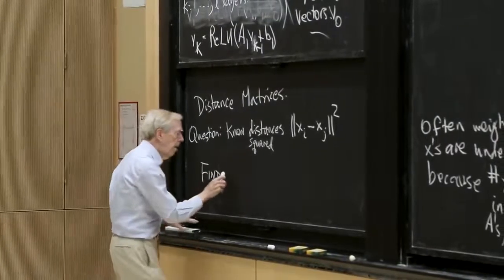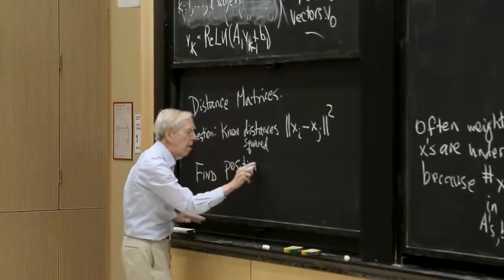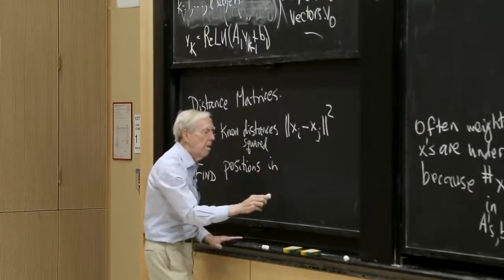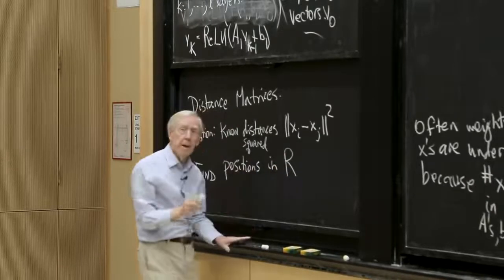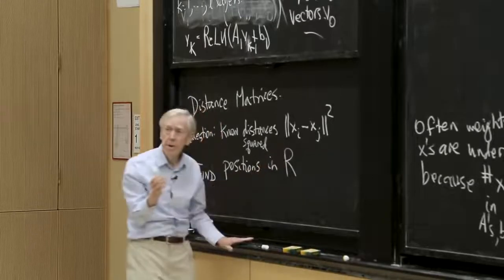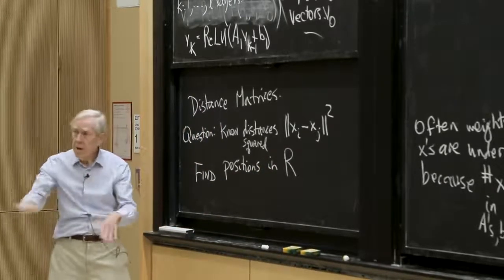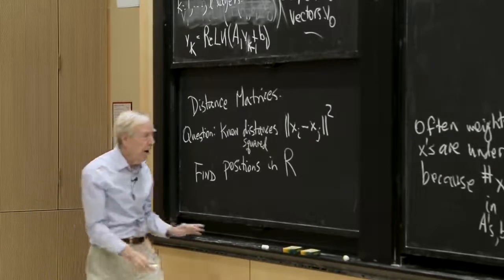Find positions in space, but we don't know ahead of time maybe whether the space is ordinary 3D space or whether these are sensors in a plane or whether we have to go to higher dimensions.